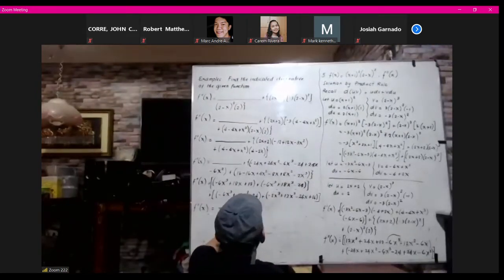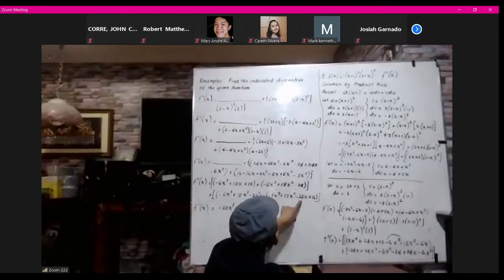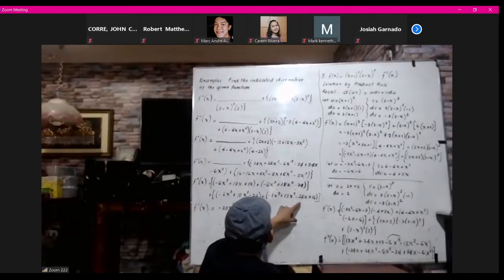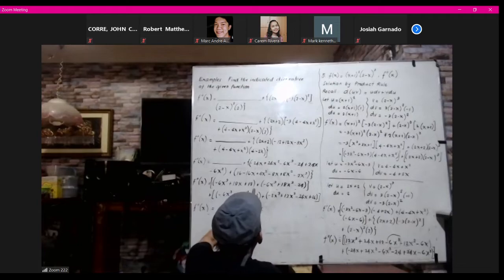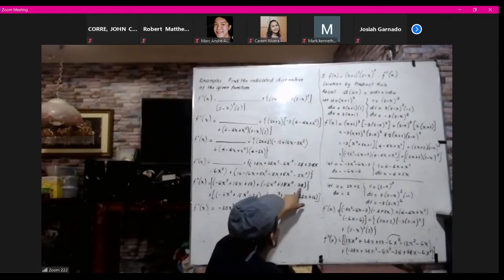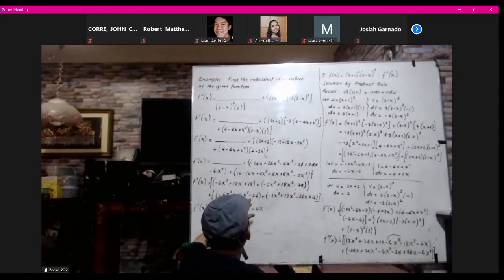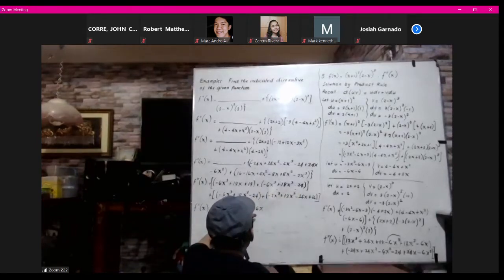Then, wala dito. Dito naman meron minus 24x equals negative 6x. Okay? Then, 12 minus 24, negative 12. Negative 12 minus 24, negative 36.